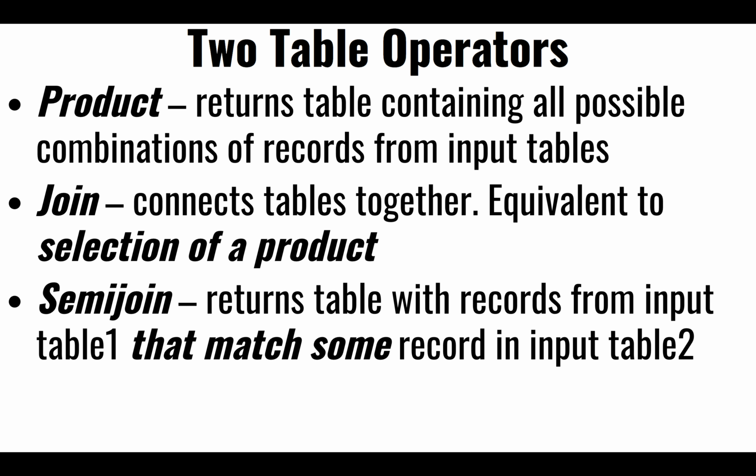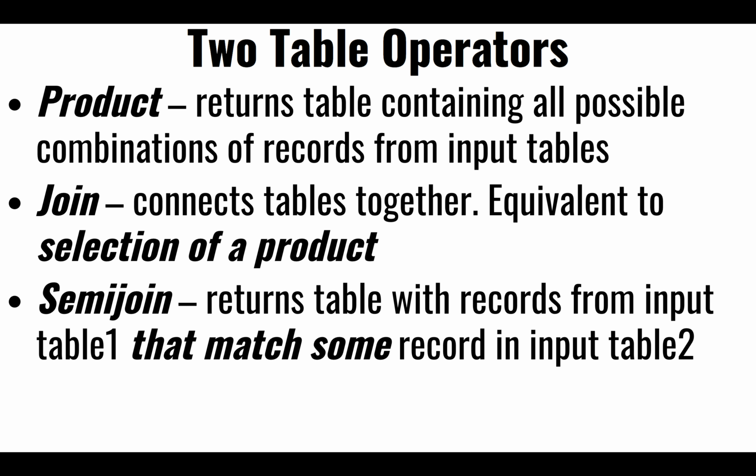If you're asking, give me all the students that are in a particular department, I only care about those possibilities where the student's foreign key of the department is equal to the department on the other side. If they're not the same, I don't really care about those. So joins allow us to do a subset of all possible combinations. The product considers all possible combinations. Joins allow you to filter them.